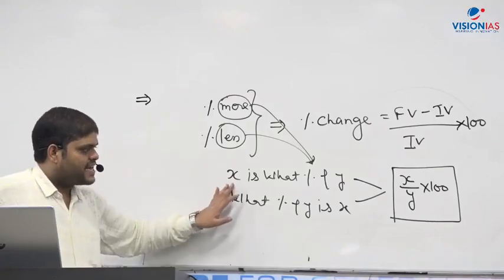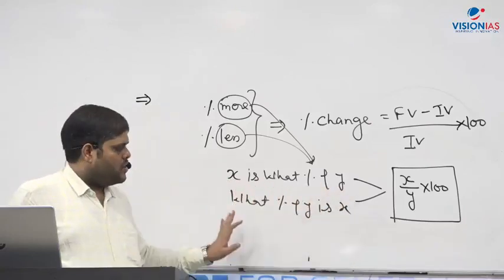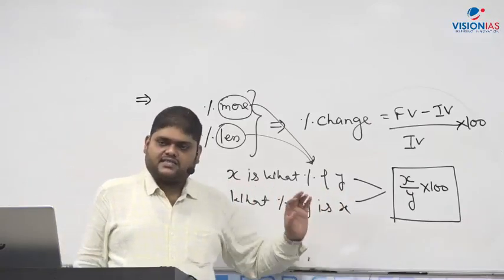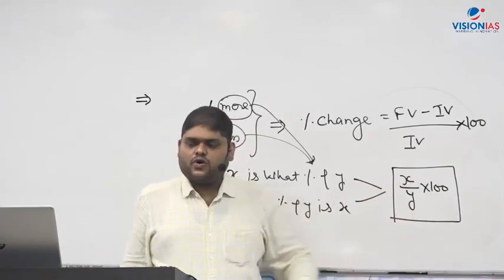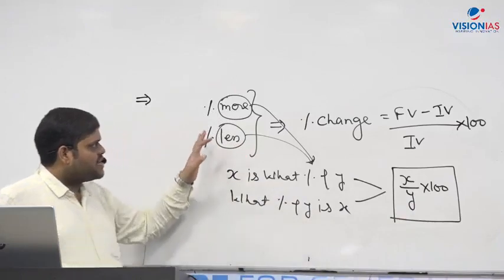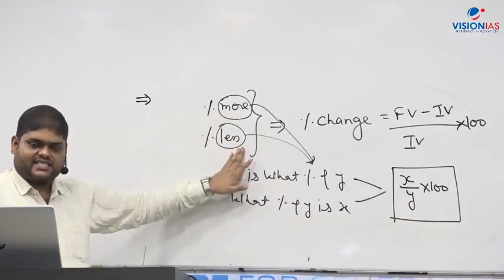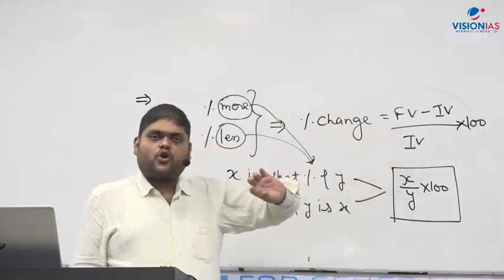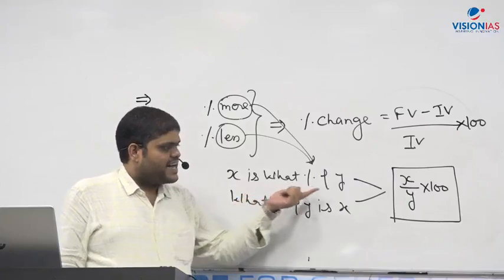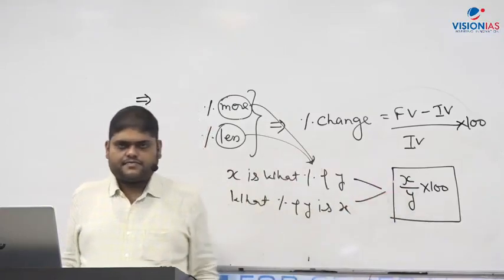When they are asking x is how much percent more or how much percent less than y, then the change formula will come into the picture. When the more or less word is not there, and they are asking directly, then this will come into the picture.